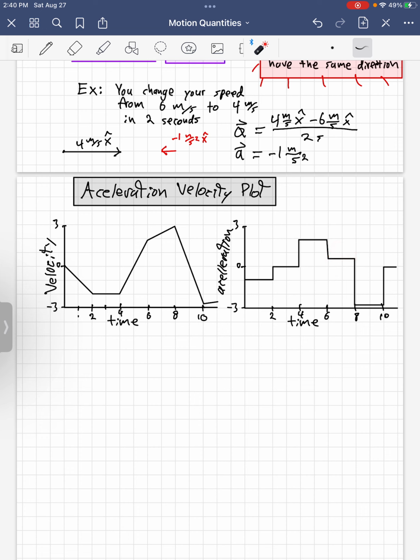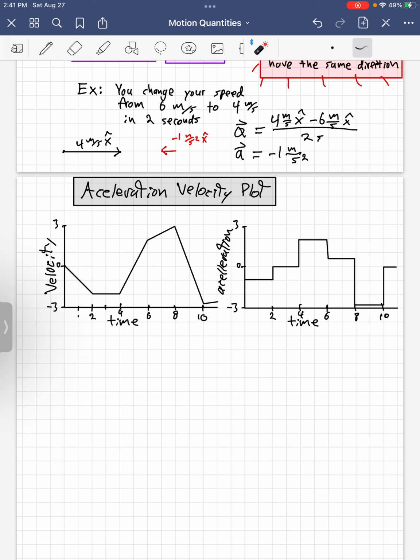And then we hit the brakes, and our velocity starts going in the opposite direction, and we're going down by 3 every second. So our acceleration here is -3 meters per second squared. And then we flatline again, and our acceleration is 0.